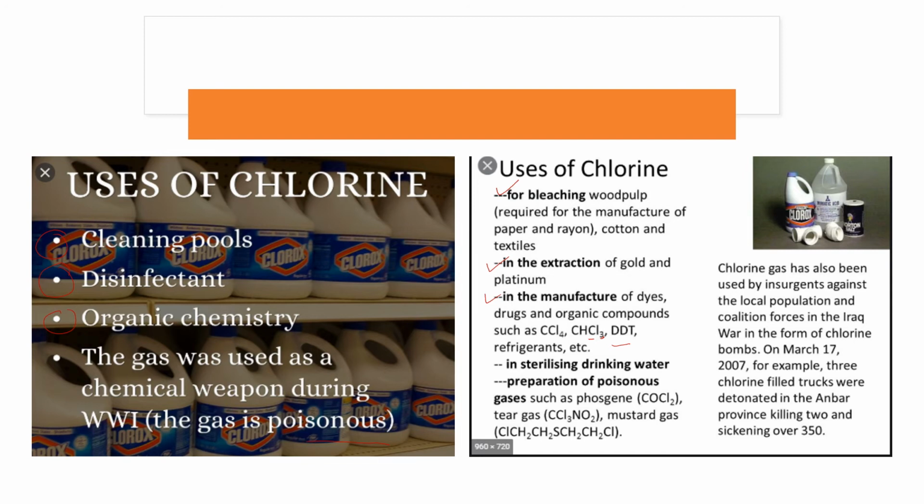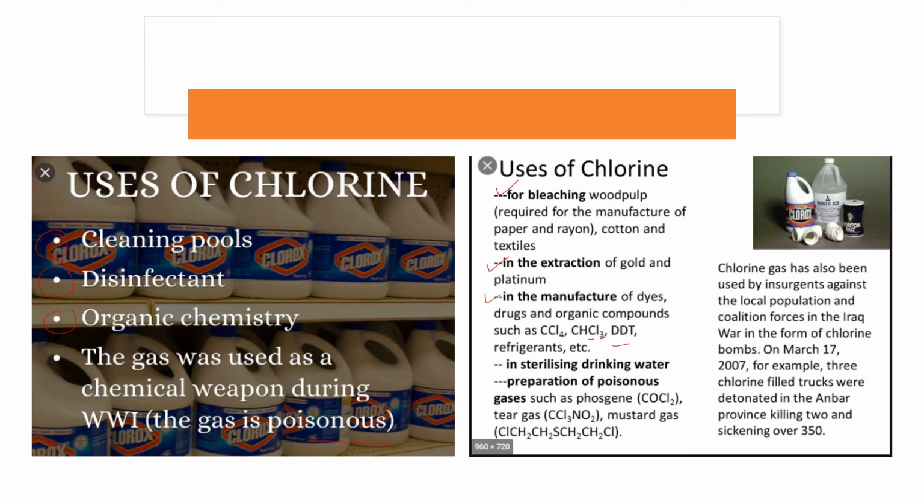or in preparation of poisonous gases such as phosgene, COCl2, tear gas, CCl3NO2, mustard gas, ClCH2CH2SCH2CH2Cl, also used by insurgents against the local population and coalition forces in the Iraq War in the form of chlorine bombs on March 17, 2007.